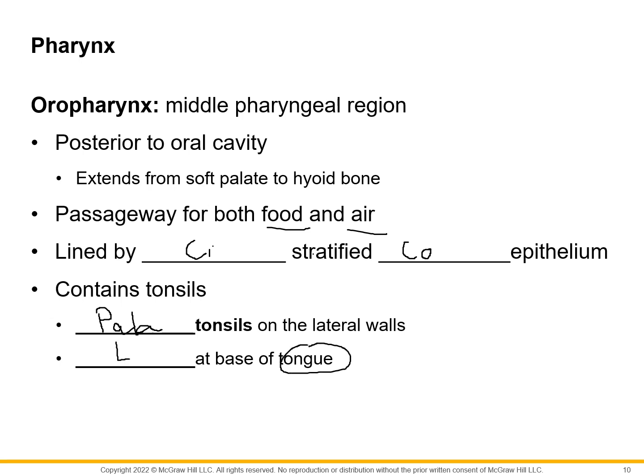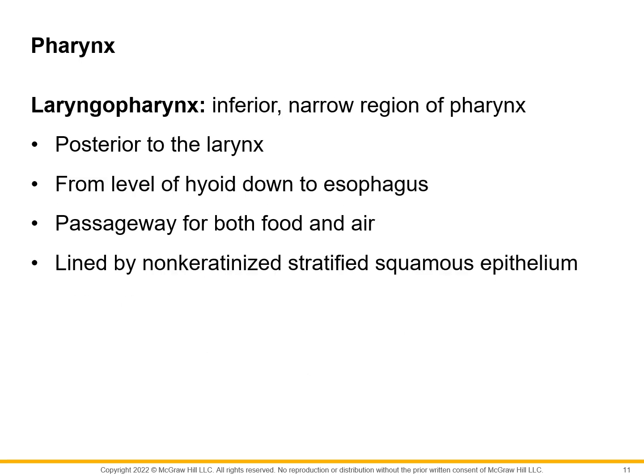And tonsils collectively are clusters of lymphatic tissues that are trapping foreign bodies, dander, pollen, pathogens like viruses, bacteria. So tonsillitis is inflammation of the tonsils, and tonsillectomy is a common youth surgery.